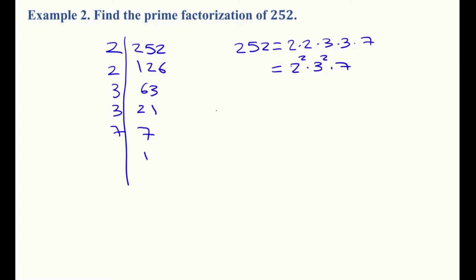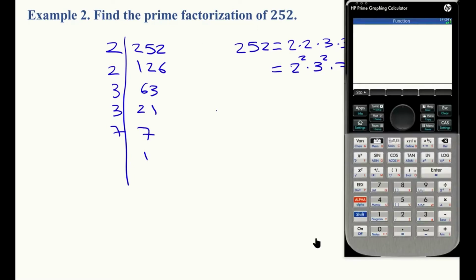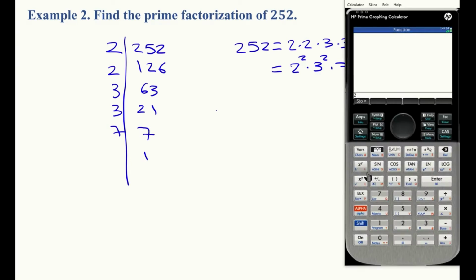So here we can do the test of it. We'll just type 2 squared times 3 squared times 7, and we notice that we get 252.